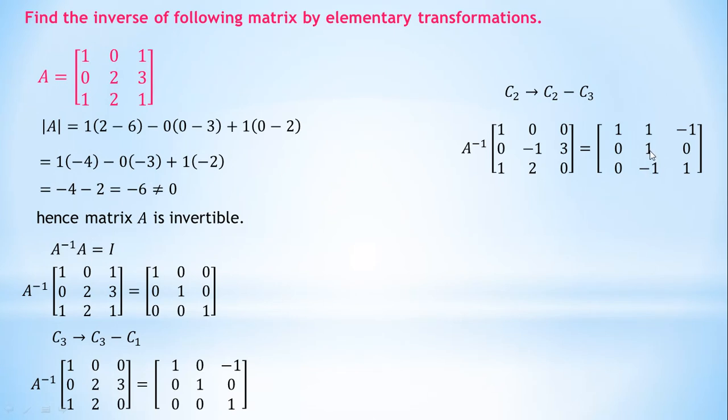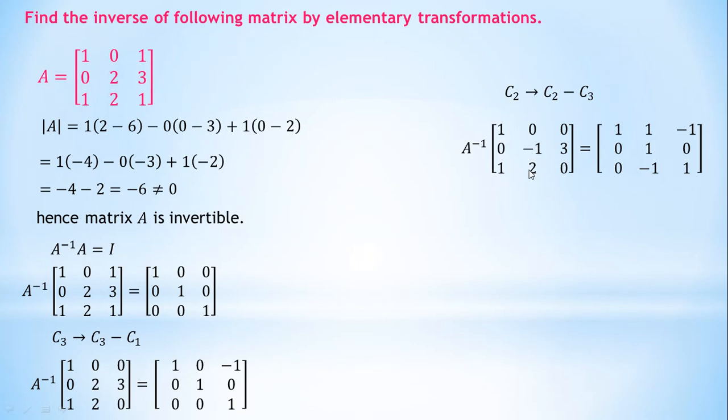So subtract column number 3 from column number 2. We get this column number 2, and column number 3 as it is. Now why do we do this transformation, that is C2 minus C3? Here we required 1, but here we get minus 1.